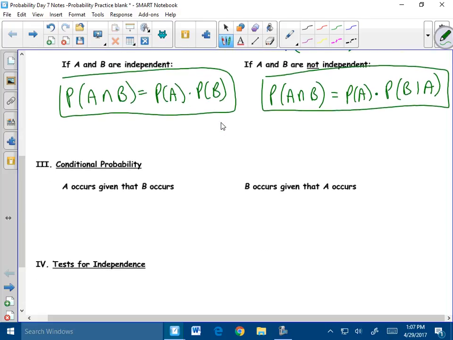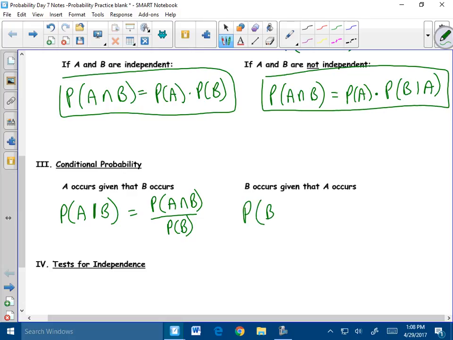Then we learned our conditional probability formulas. What's the probability that A occurs given that B occurs? Probability of A given B is the probability of A and B, the intersection, divided by the probability of B, the second one.